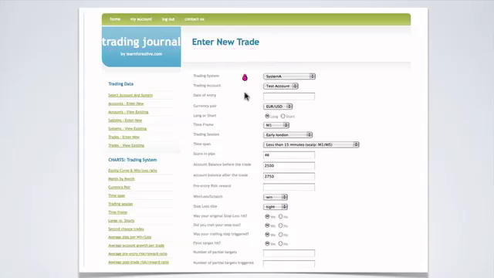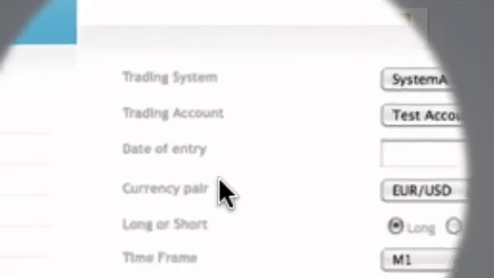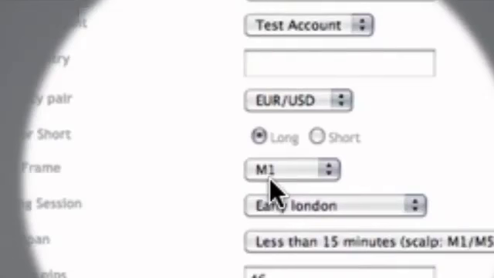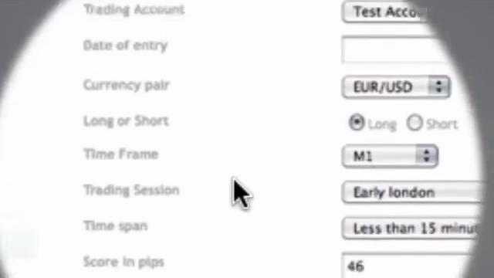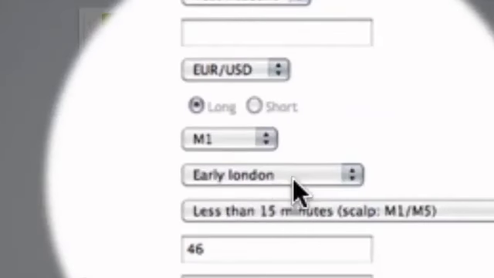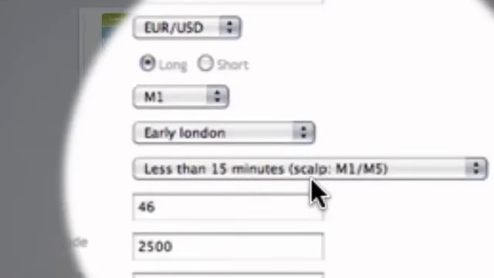So here you would simply fill out all these fields, such as what trading system this trade belongs to, the trading account, the date, the currency pair, whether you went long or short, the time frame, 1 minute, 5 minutes, 15 minutes, etc. What trading session you took the trade at, the early London, late London, New York, etc. The time span, whether the trade took less than 15 minutes from entry to exit, that means that it's a scalp trade.